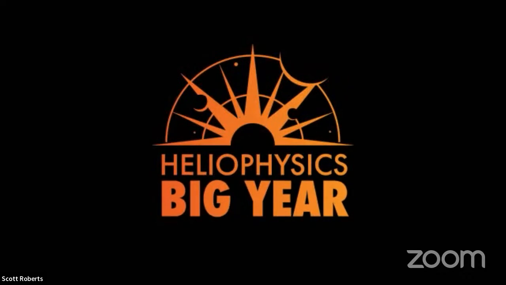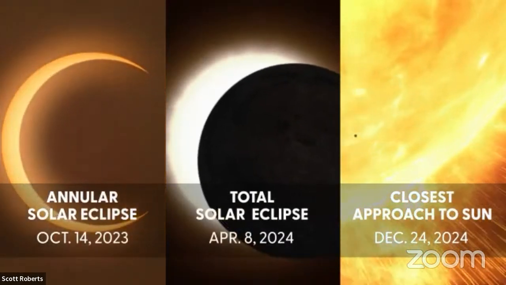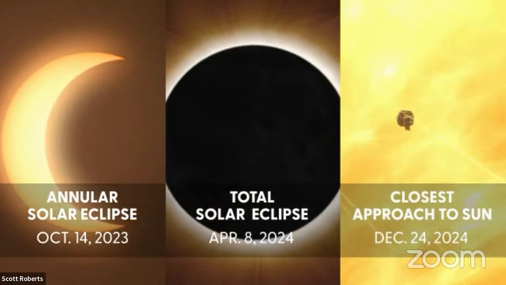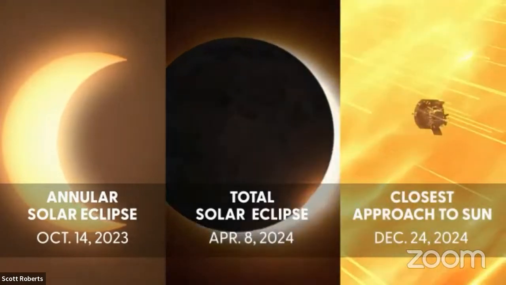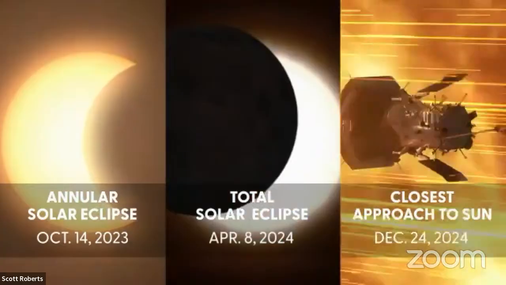The Sun touches everything. And to highlight the importance of our extraordinarily ordinary star, NASA is hosting the Heliophysics Big Year. Beginning with the annular solar eclipse in October of 2023, continuing with a total solar eclipse in April of 2024, and ending with Parker Solar Probe's closest approach to the Sun in December of 2024.